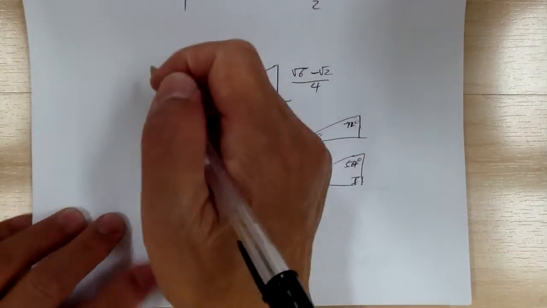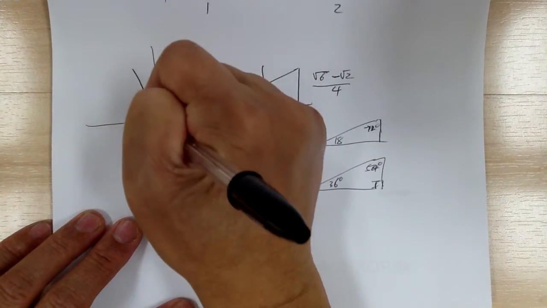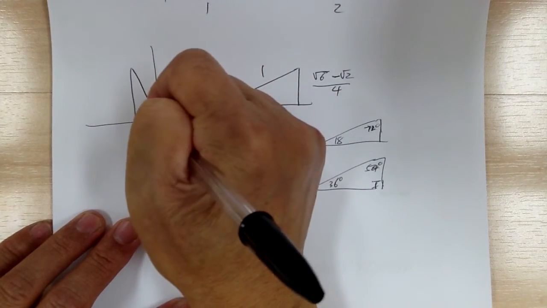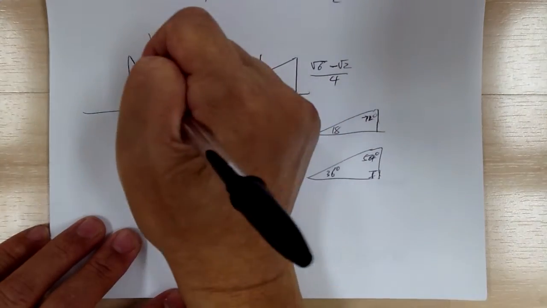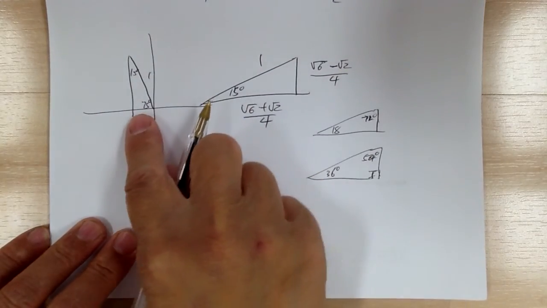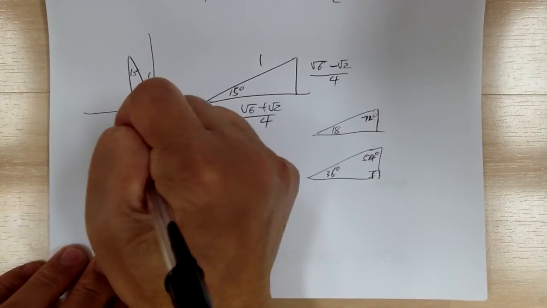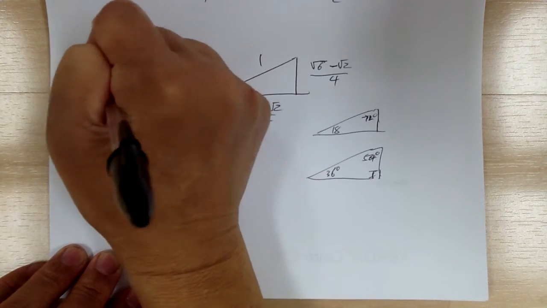Now, if you're in a different quadrant, let's say over here, this is 75 degrees. In this case, this is the short leg, right? So the way to use this is the short leg would be the subtraction, and this is the long leg.